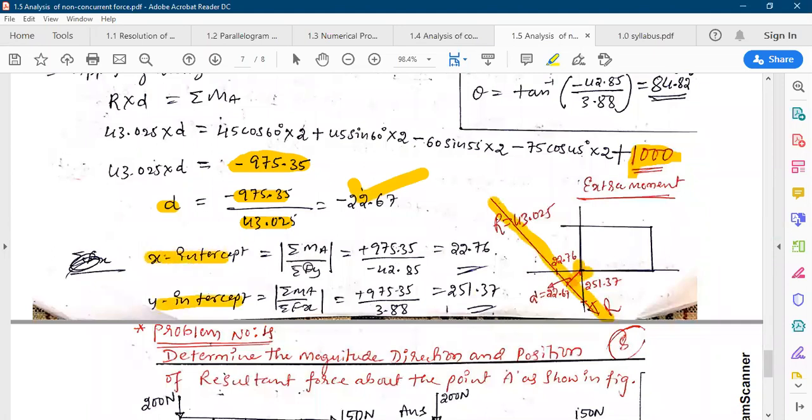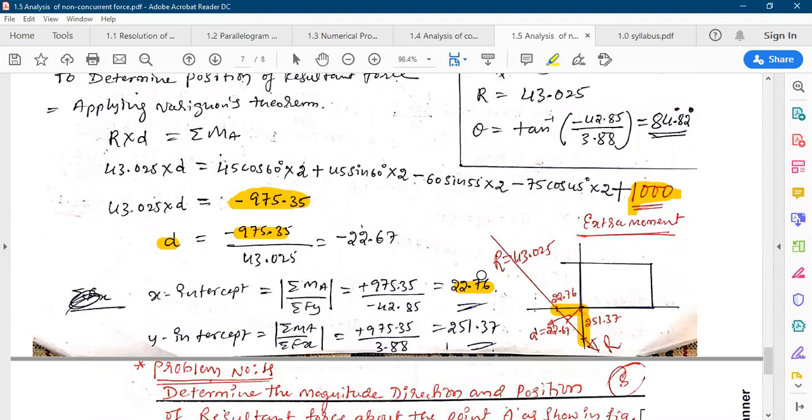Mod sigma M_A divided by sigma F_y will give the x-intercept, and mod sigma M_A divided by sigma F_x will give the y-intercept. The x-intercept is 22.76 and the y-intercept is 251.37. So this is about the calculation of the position of the resultant force.